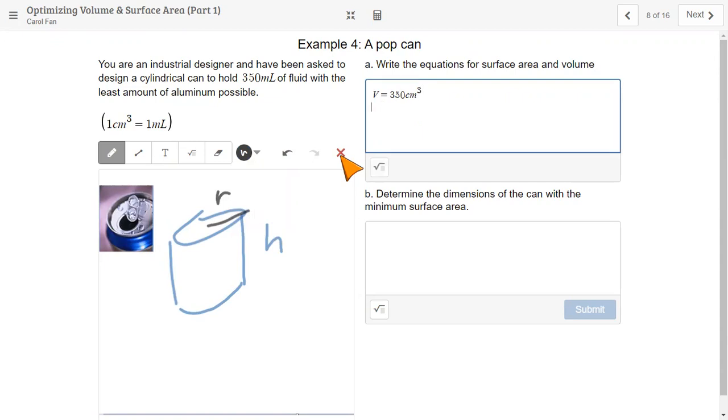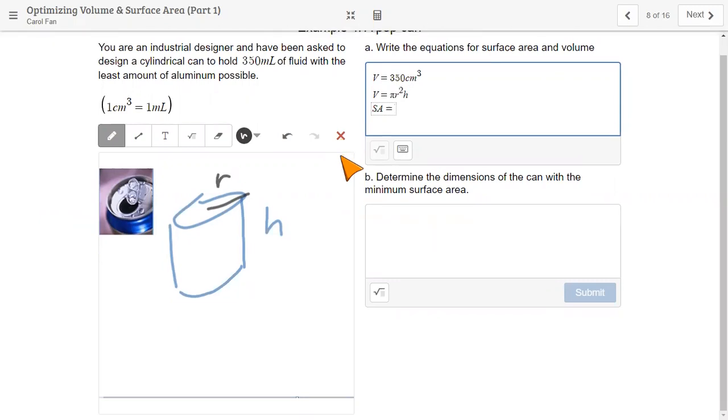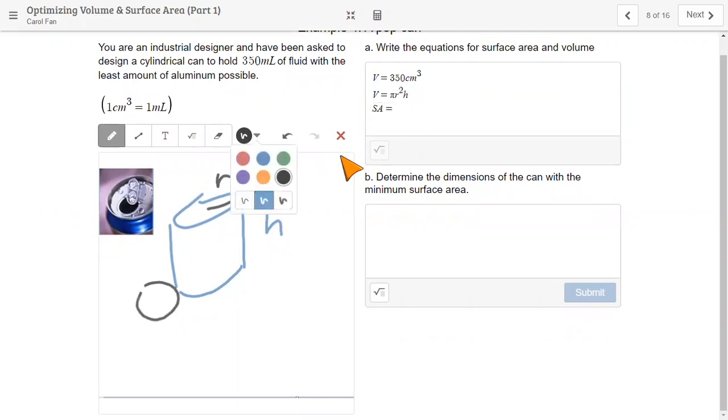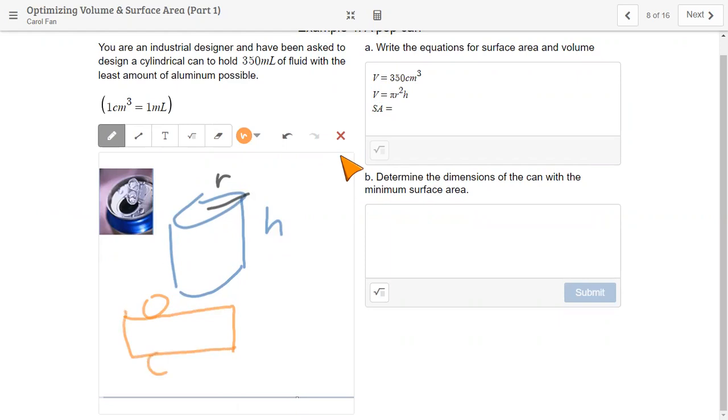Okay, so let's write our equation. Volume is equal to pi r squared times h, and for the surface area of a cylinder, we can open it up. We would have 2 circles, a circle on the top and a circle on the bottom. This is our height, and we still have our radius there.